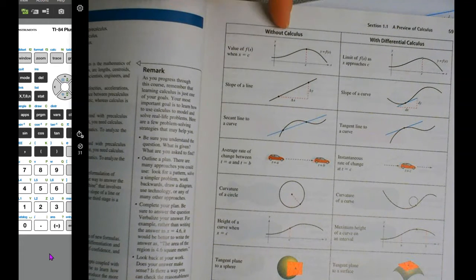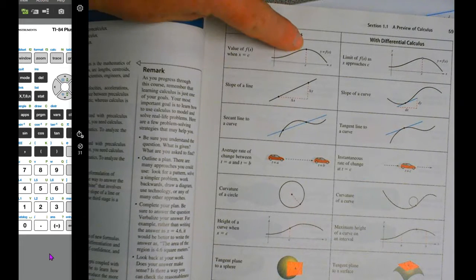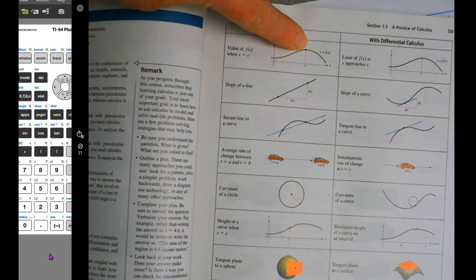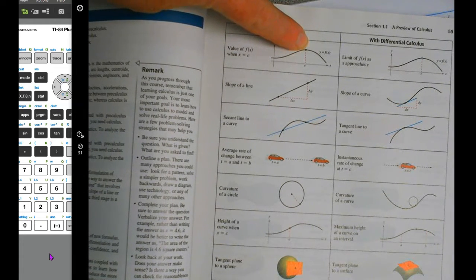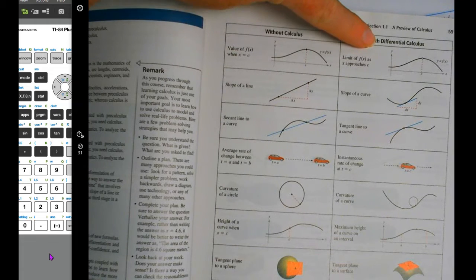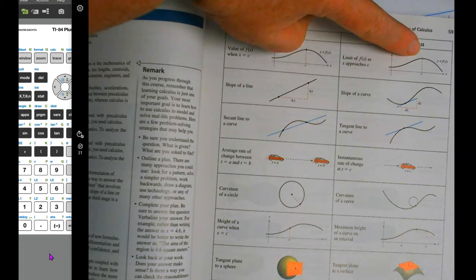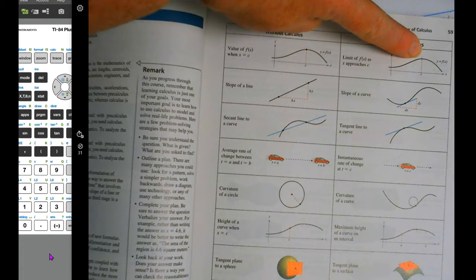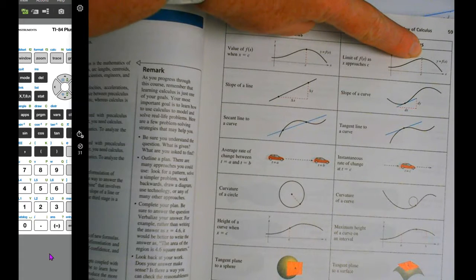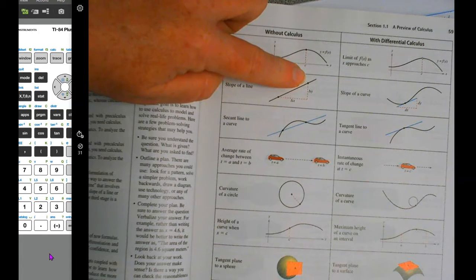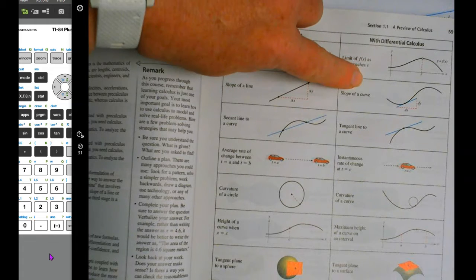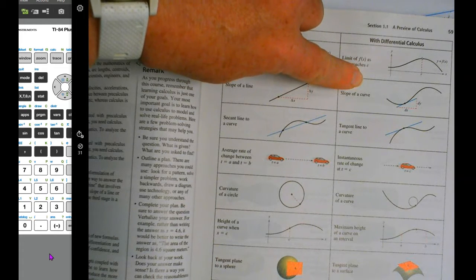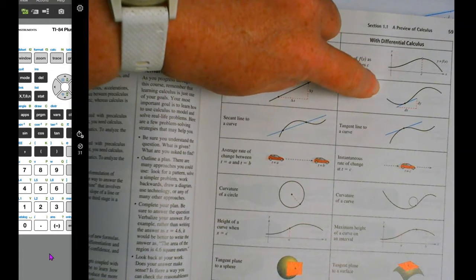Without calculus, we can find the y value. Yeah? Like we could do that in Algebra 1. With differential calculus, we can find the y value that's supposed to be filling this hole. We call that the limit. So that would be calculus. Slope of a line we can do before calculus. Slope of a curve we need calculus for. And we're going to talk about this today.